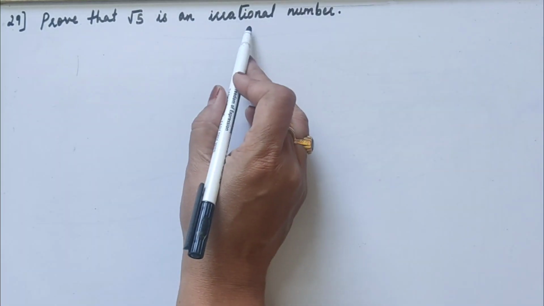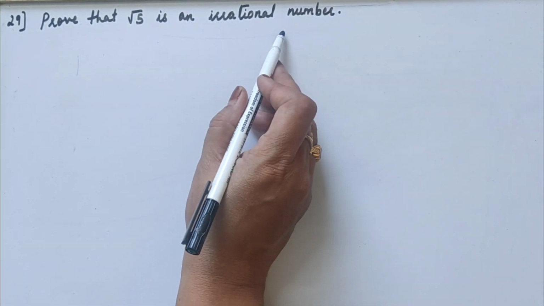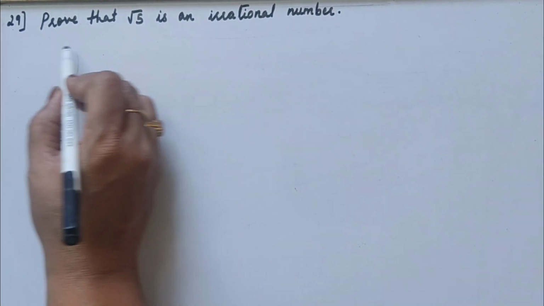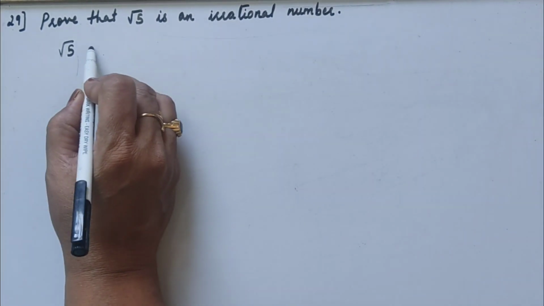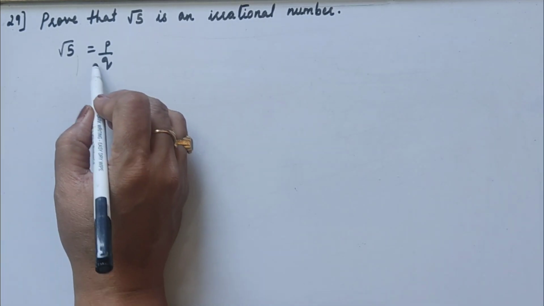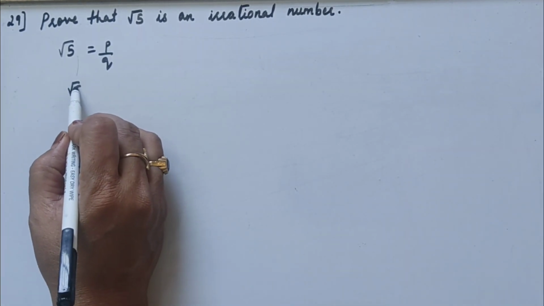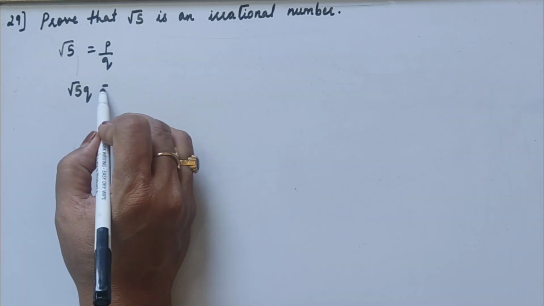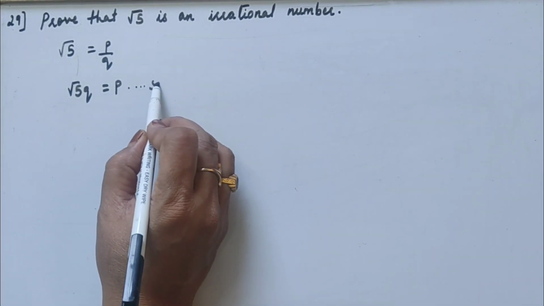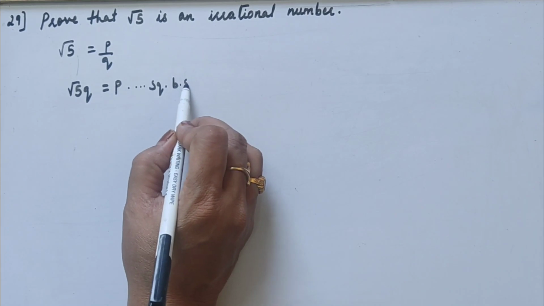Prove that root 5 is an irrational number. Okay, so we have to prove that root 5 is an irrational number. So let me write here, root 5 equals P by Q. We'll do cross multiplication here. Root 5 Q equals P. Let me square both the sides.